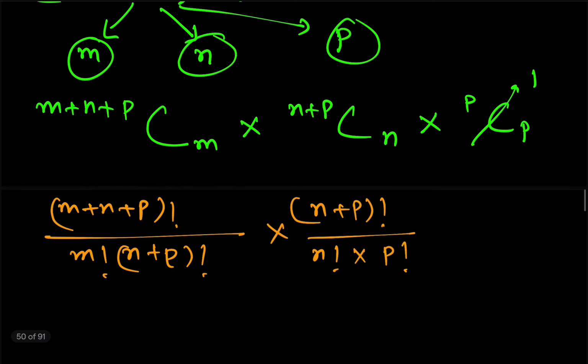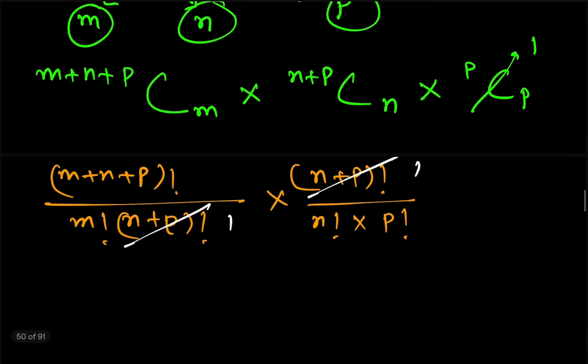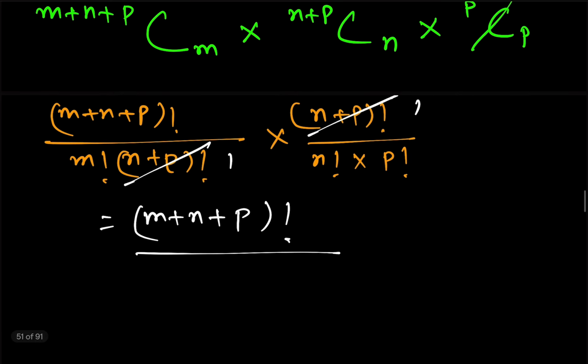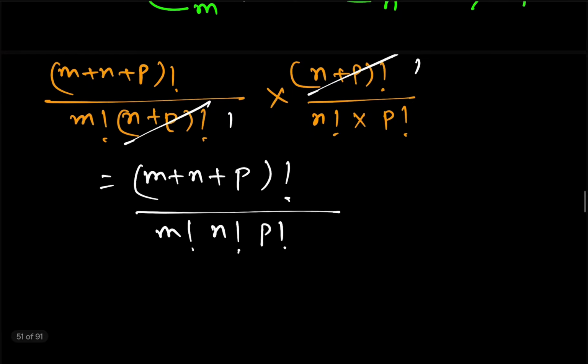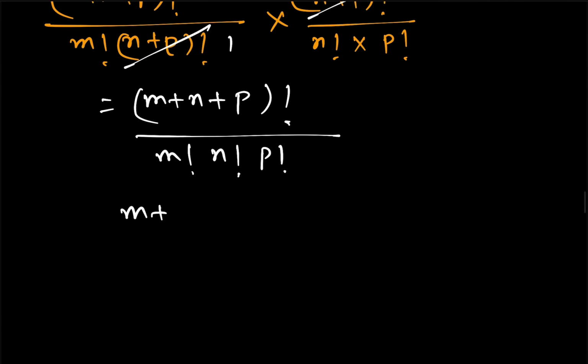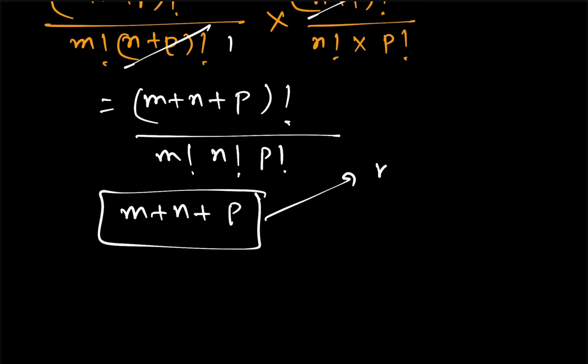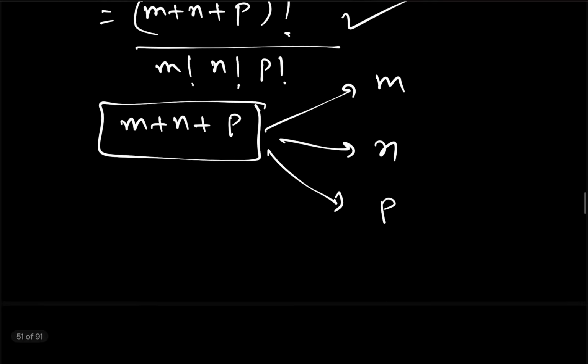You see that this gets cancelled by this, so you get (m+n+p) factorial by m factorial, n factorial and p factorial. So when you have to group this many objects into three groups of m, n and p objects, you have this many ways to do so. Now let's see one more special case.